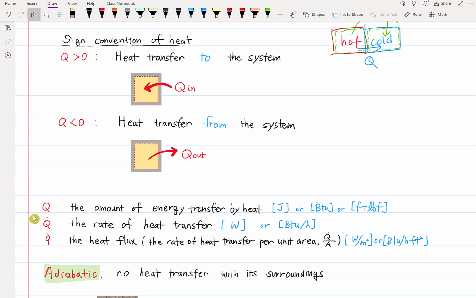Heat is denoted by Q dot when it represents the rate of heat transfer. The unit is watt, joule per second, or BTU per hour.